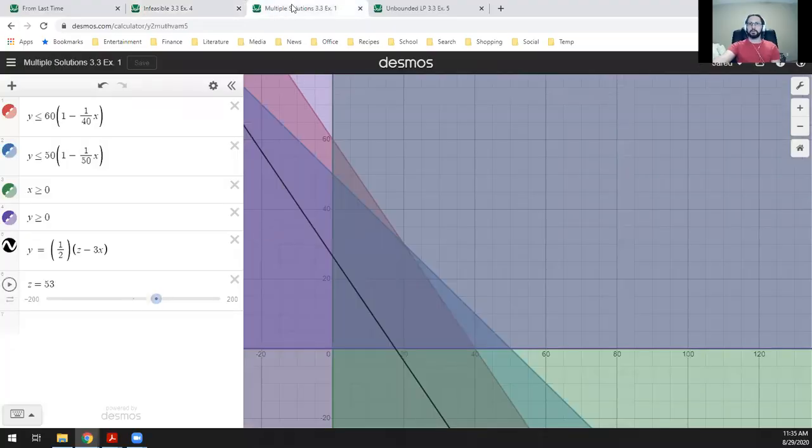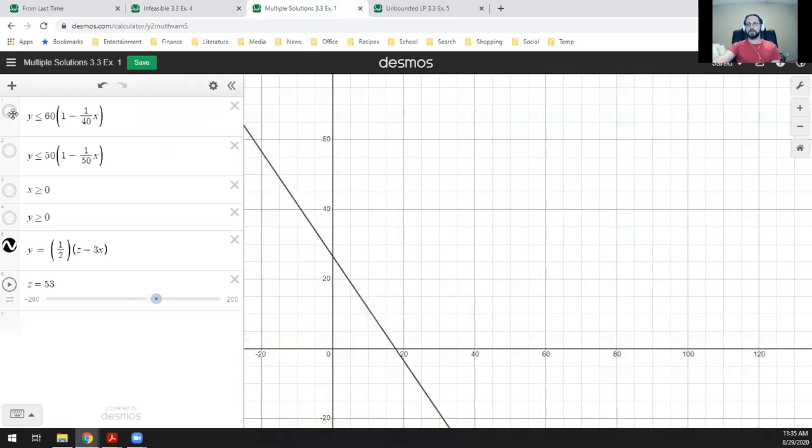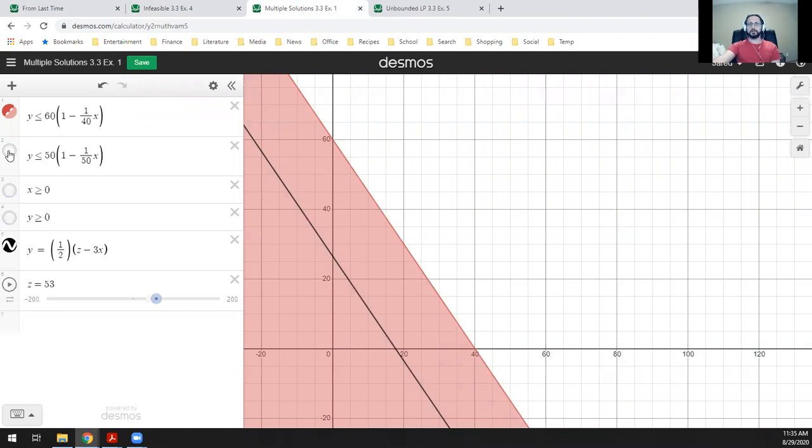The next example is an example of the case of multiple solutions. So I'm going to show you how this feasible region appears. This is from example 1 in 3.3. Everything in red below this line segment.